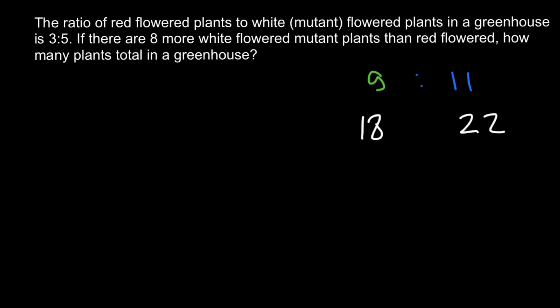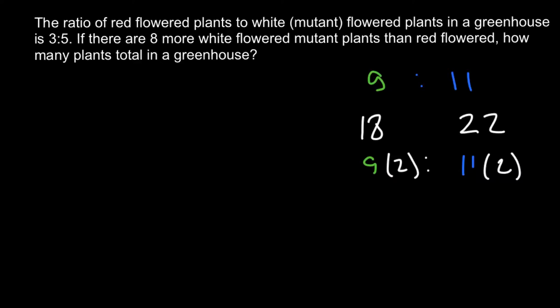And this is going to be the same ratio. Basically what we have done here is we just multiplied 9 by 2, and we multiplied 11 also by 2. So now we have different numbers, but the ratio is going to be the same.